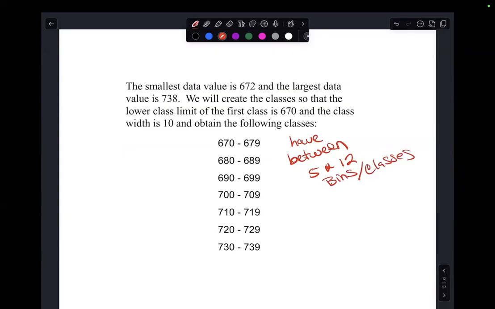When you are creating a histogram in Excel, I'm going to want you to have between 5 and 12 bins and classes. It needs to be meaningful, and you'll understand it as we go. I would like it to be pretty, but I'm going to be pretty lenient on that. I'll show you what I mean as we start looking at the frequency tables. I'll give you a pretty good example, and I'll show you when we're doing Excel.